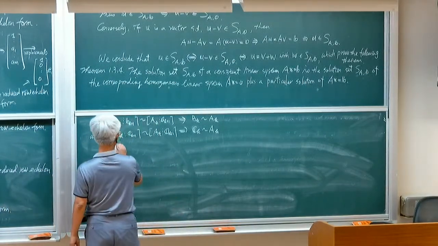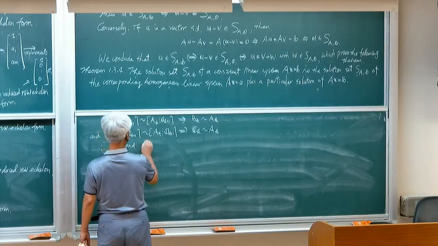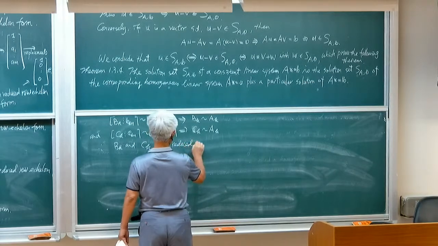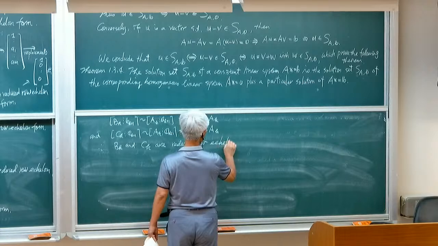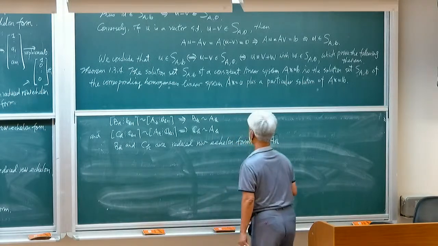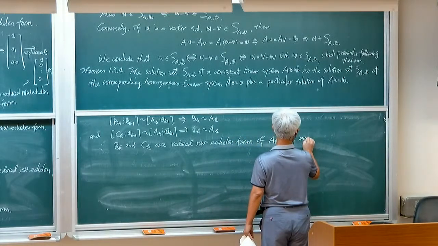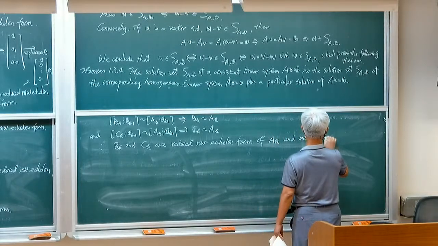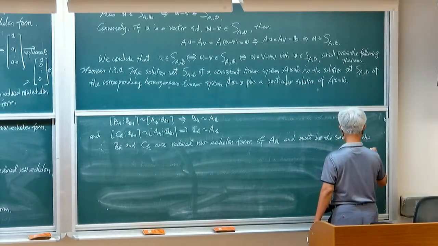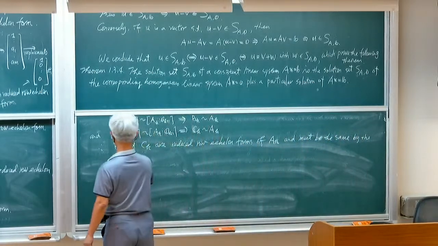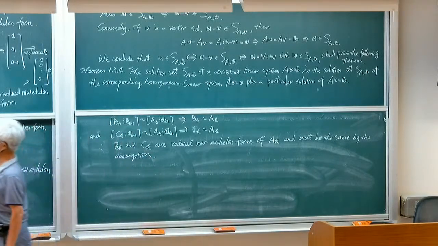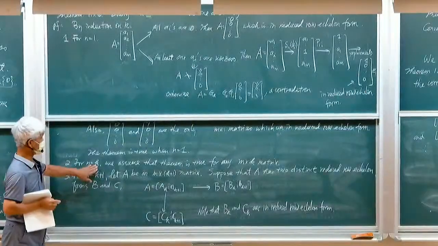So B_k and C_k are reduced row echelon forms of A_k, and must be the same by the assumption, because we assume the theorem is true for n equal to k.